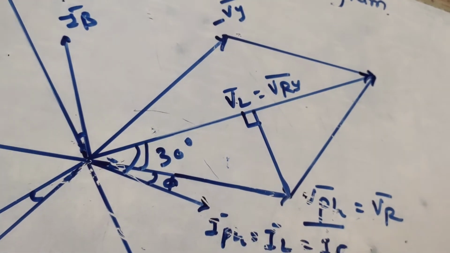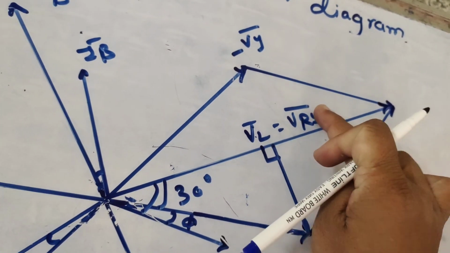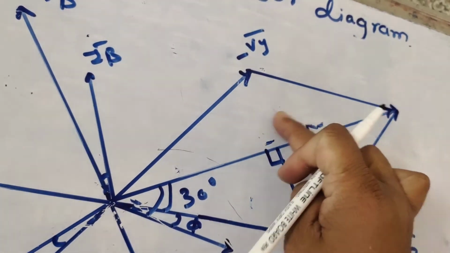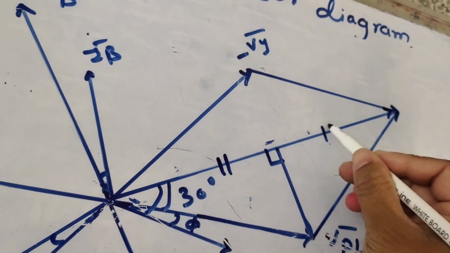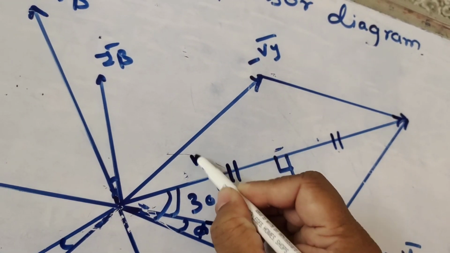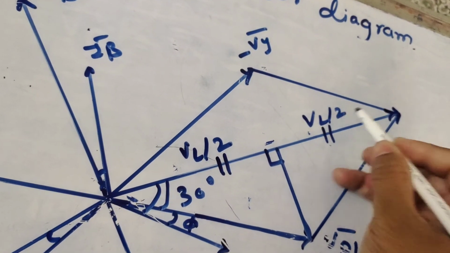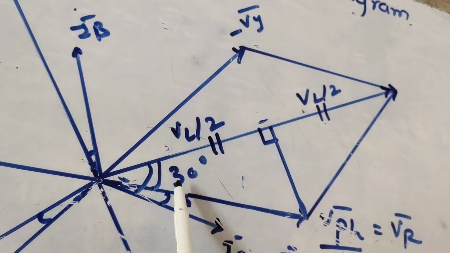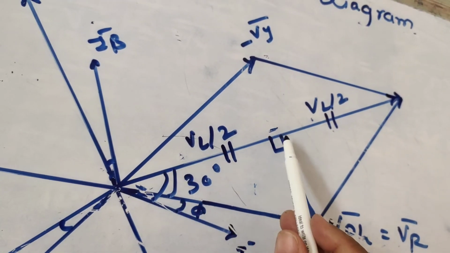After drawing the perpendicular, it divides the line voltage into two equal parts. It represents VL by 2. Now this is the 30 degree angle. This is the V phase, VL by 2.